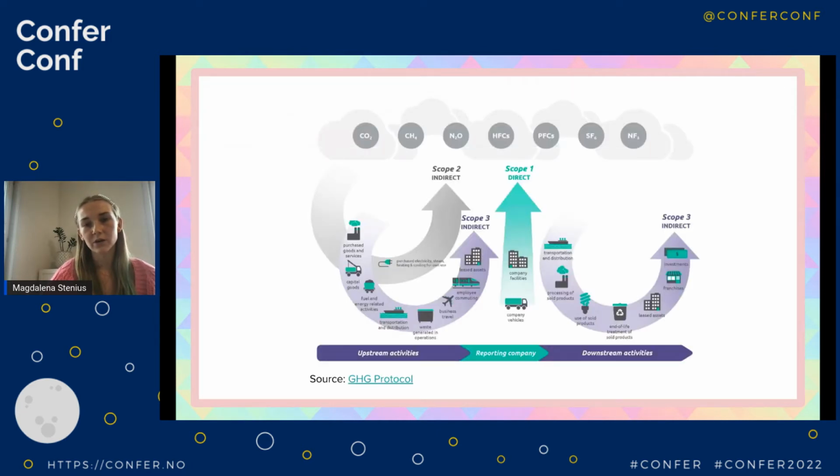So when we're talking about cloud or greenhouse emissions, we can use this model called the GHG protocol. The GHG protocol divides emissions into 3 different scopes. Scope 1 being the direct emissions of the company that's being reported. Scope 2 being the indirect emissions of the electricity consumed.